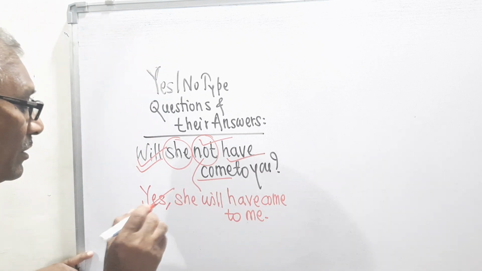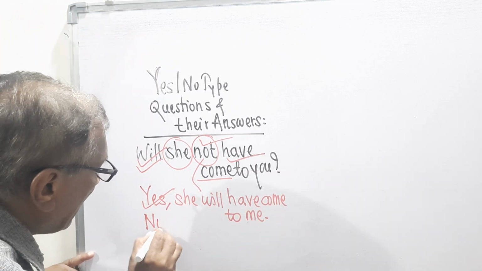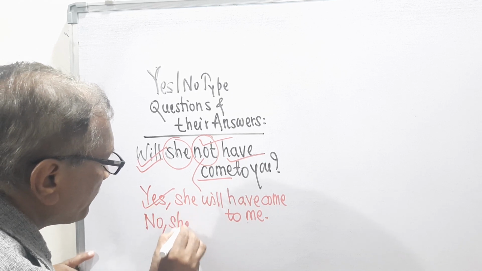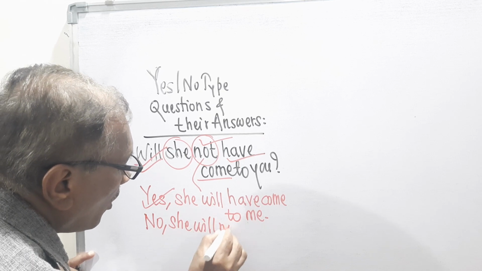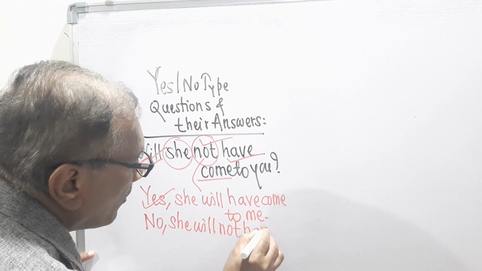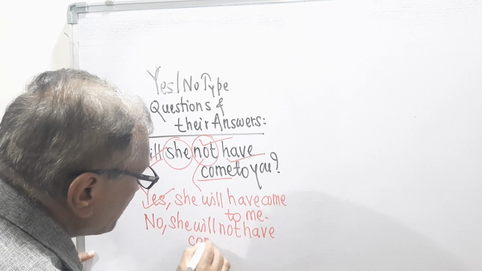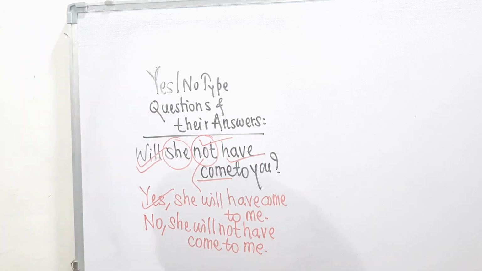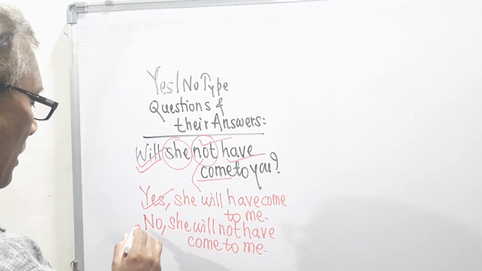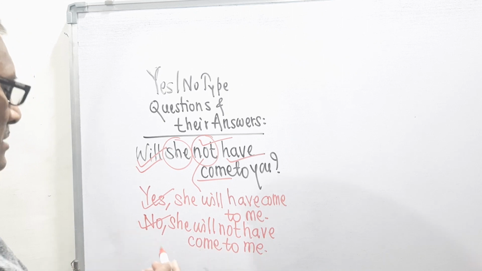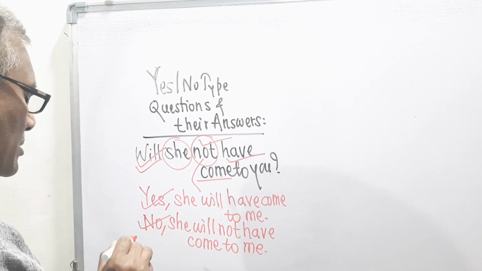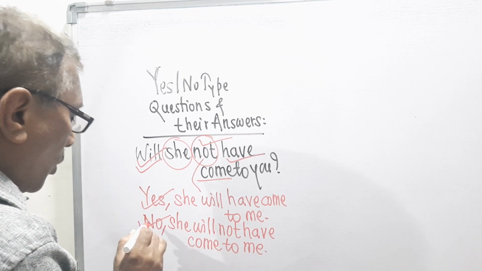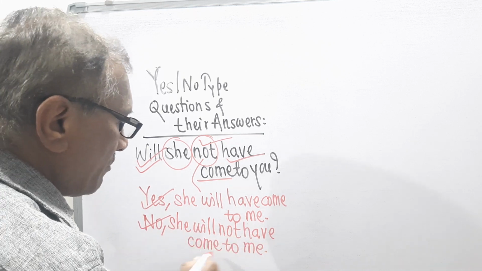And if the answer is negative, that answer will be like this: no, she will not have come to me. So remember here, when there is the no answer, means when the answer is in the negative sense, then we can say like this: no, she will not have come to me.